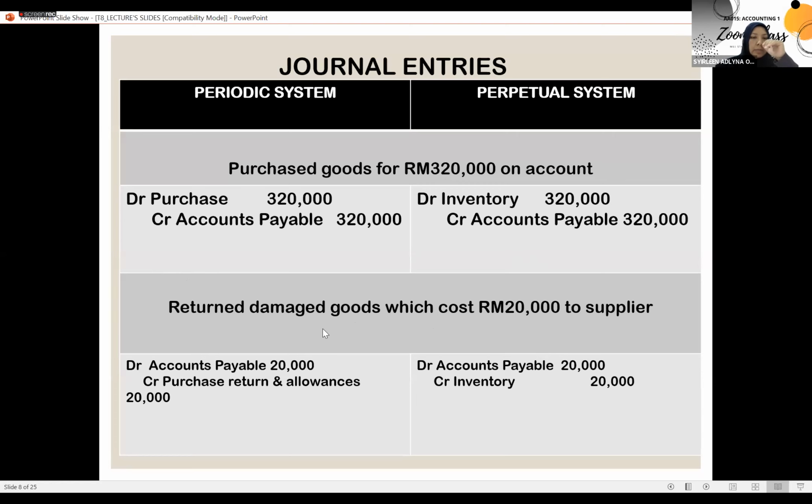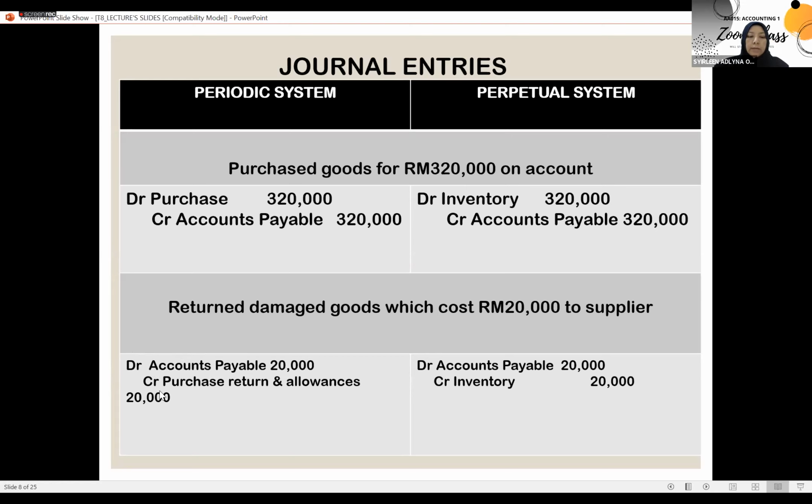Alright, so kalau purchase, kalau normal periodic system, kita akan debit accounts payable under the name of the particular subsidiary. Okay, so awak kena ingat di kat sini masih catat cara sama. Sekiranya subsidiary yang memulangkan tu atas nama tertentu, you still need to write the name of the subsidiary.